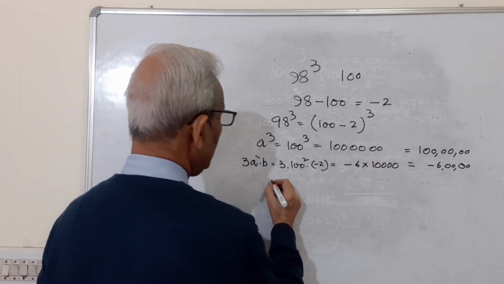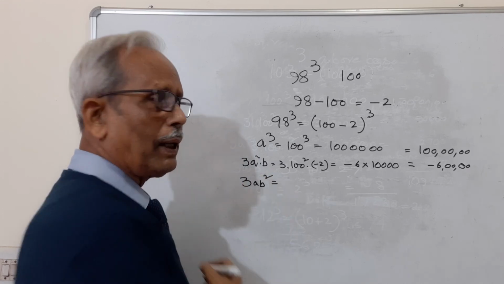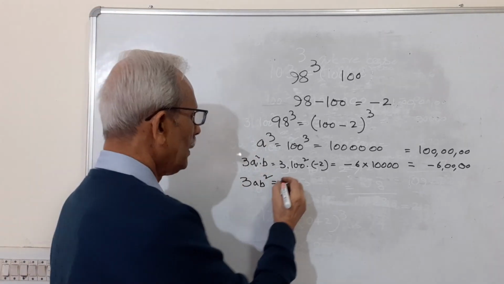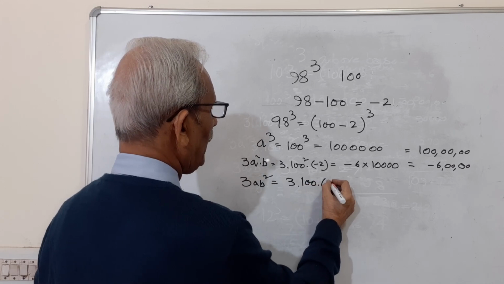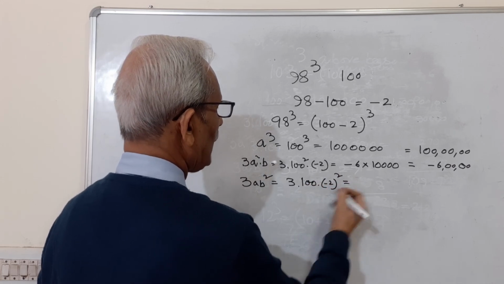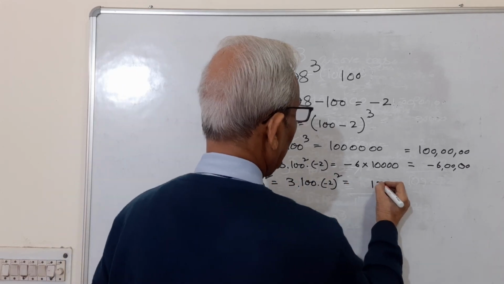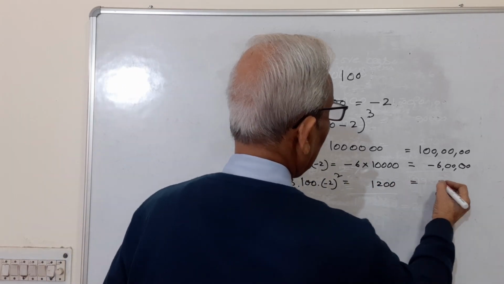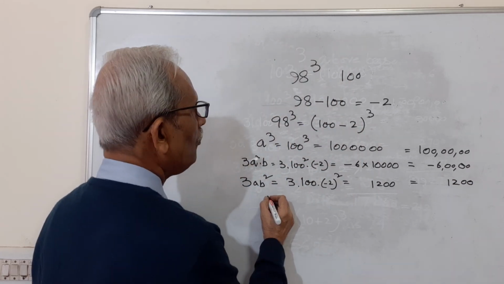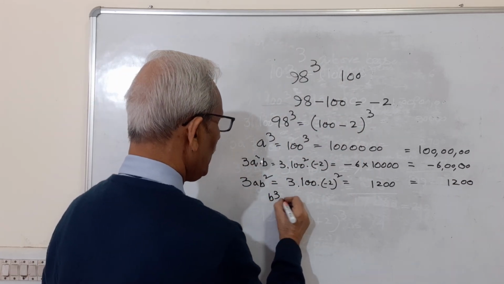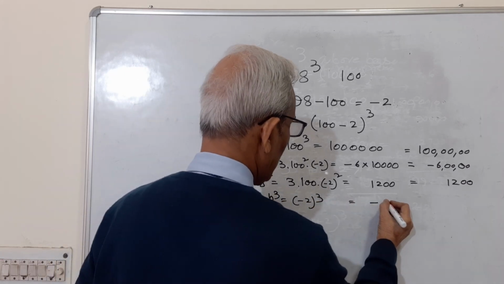And then 3ab square: 3 into 100 into b square, which is minus 2 square. Minus 2 square is 4. 4 into 3 is 12, into 100 is 1200. Then b cube is minus 2 cube, which is equal to minus 8.